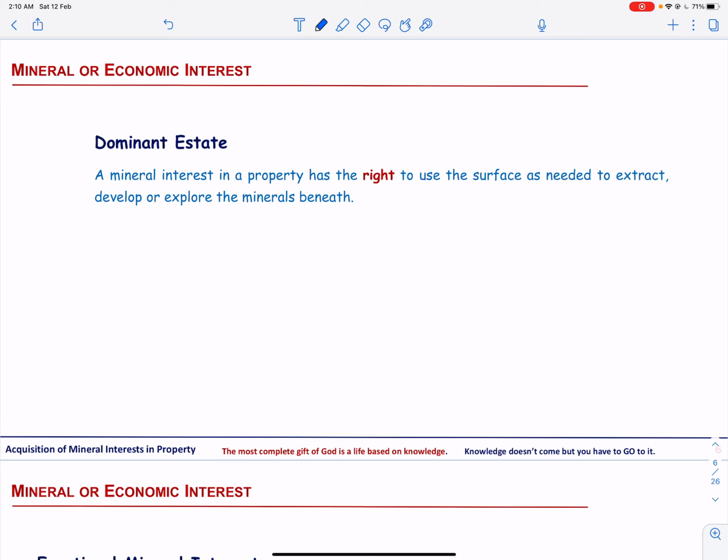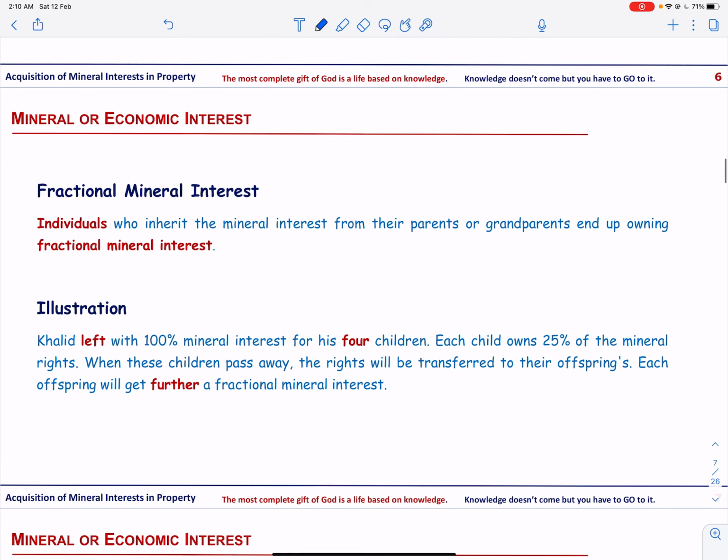That's why mineral interest is stronger than surface interest and is called dominant state. Although the surface owner is entitled to compensation for any damages that may result from exploration and production operations. Let us now talk about the concept of fractional interest.